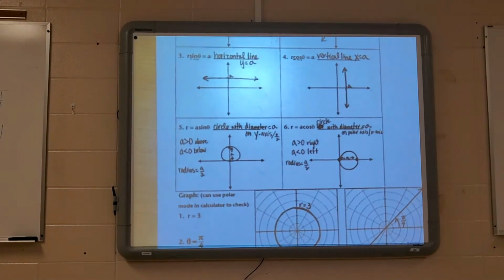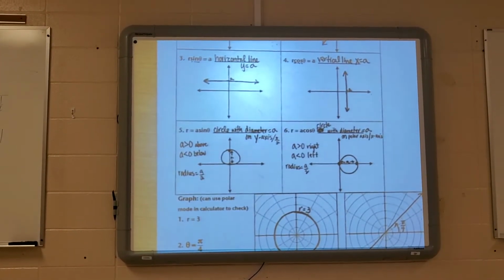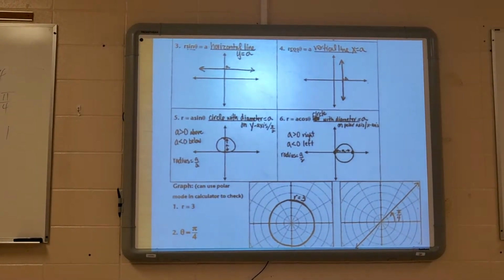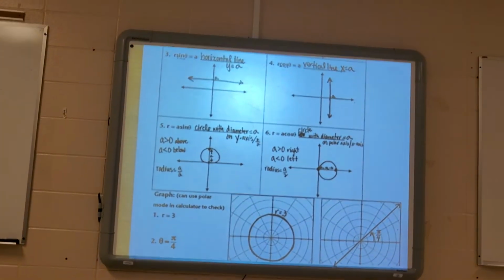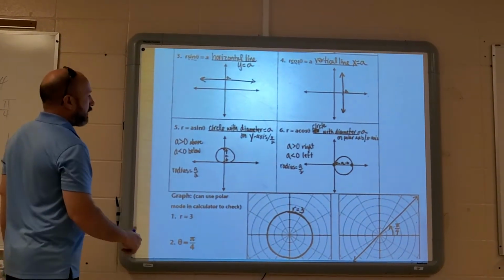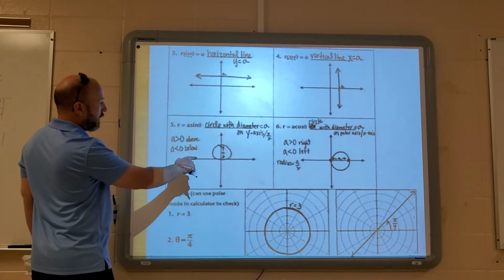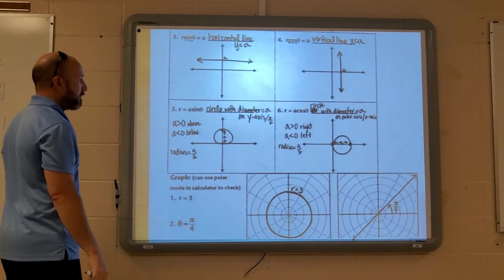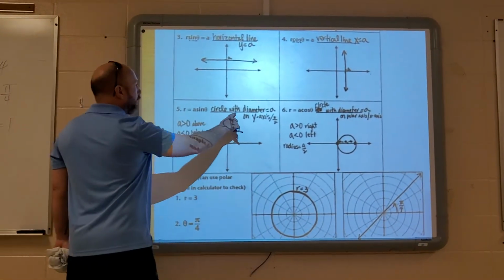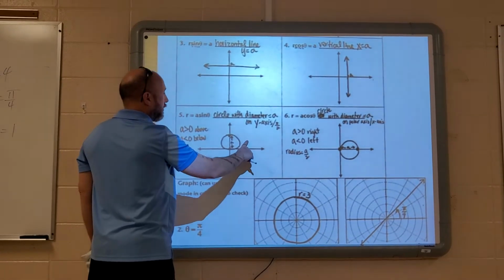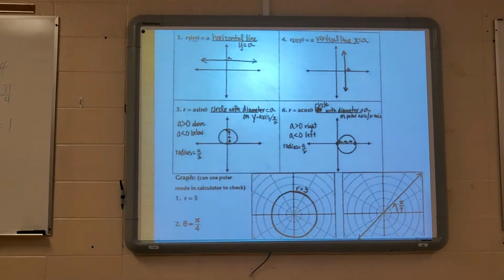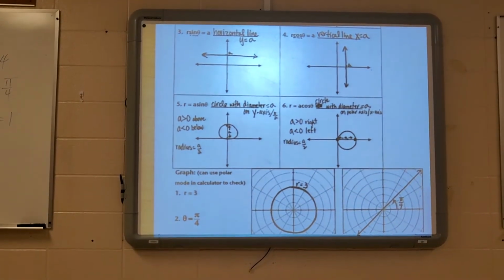These next ones are kind of a little different. Okay, so if you have r equals a sine theta, that's a circle with a diameter of a on the y-axis, divided by pi over 2, okay?